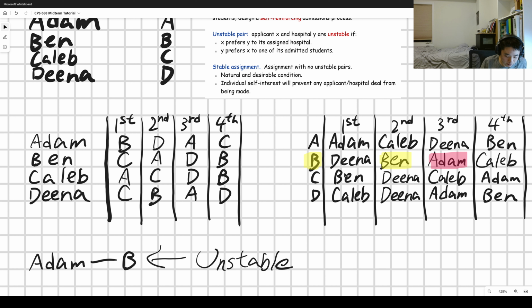This is one of the unstable pairs because the company would rather take Ben as opposed to Adam. So, I'm going to get rid of the highlights, if I can, and I'll take care of Adam's highlights as well. There you go. So this is unstable.